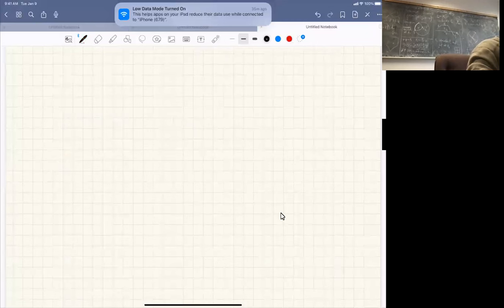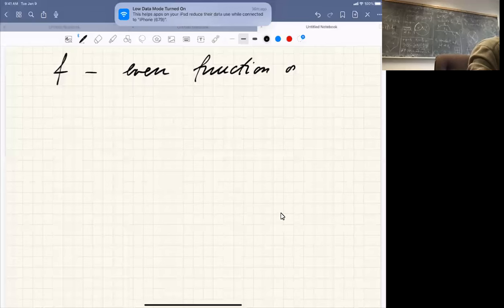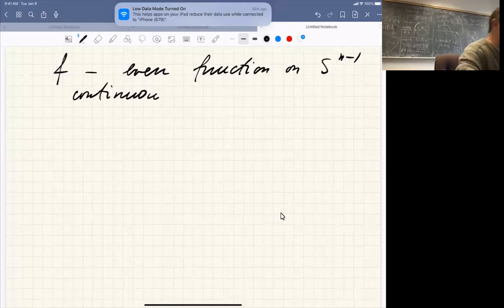So I have a function. This is an even function on the unit sphere, continuous. This is not an issue here, continuous. And I will write the spherical Radon transform of f in the direction psi.